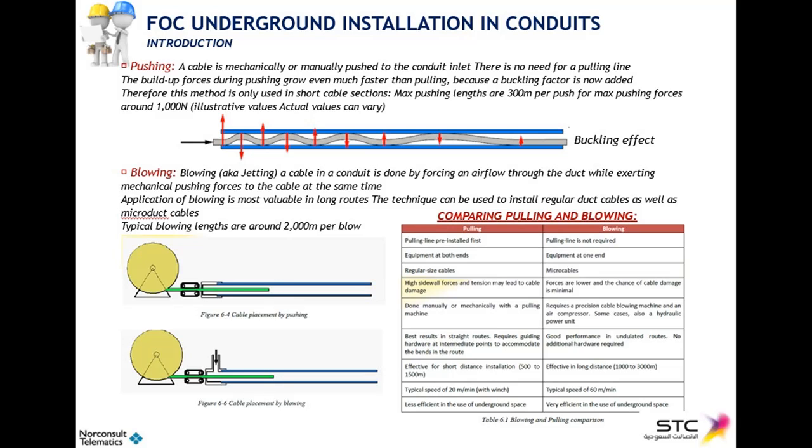This method in STC is only used and only allowed for lengths within 300 meters, and never with pushing forces that exceed 1000 newtons. These are illustrative values, but they are a good reference.